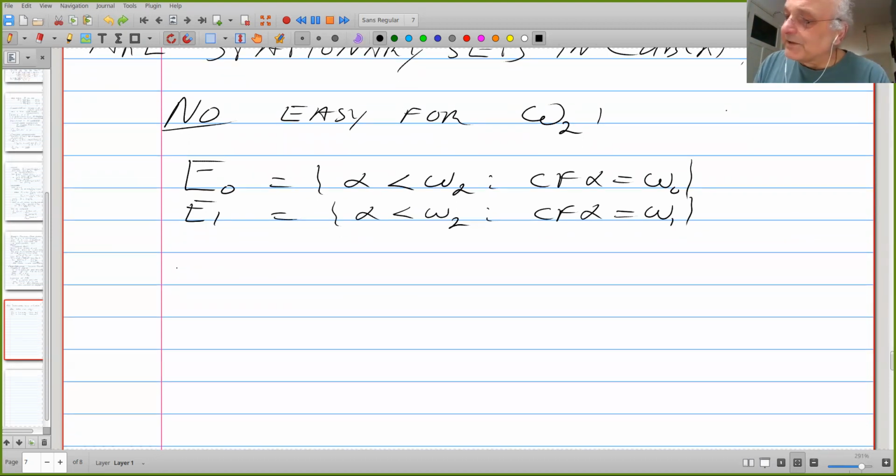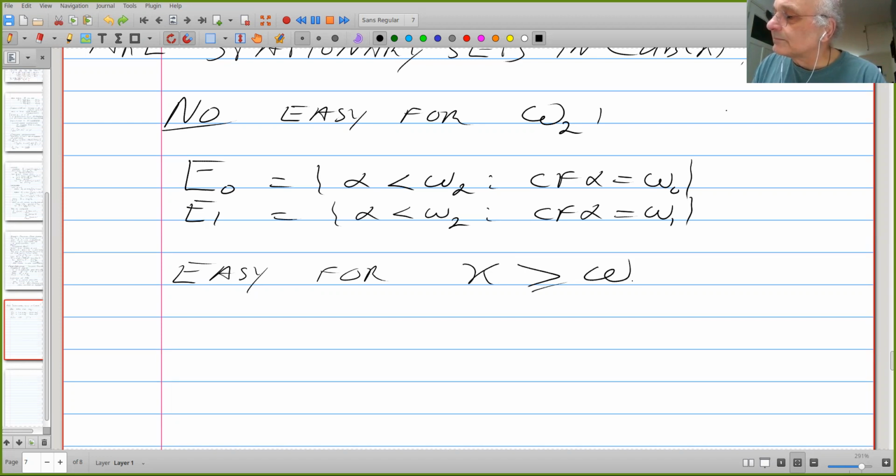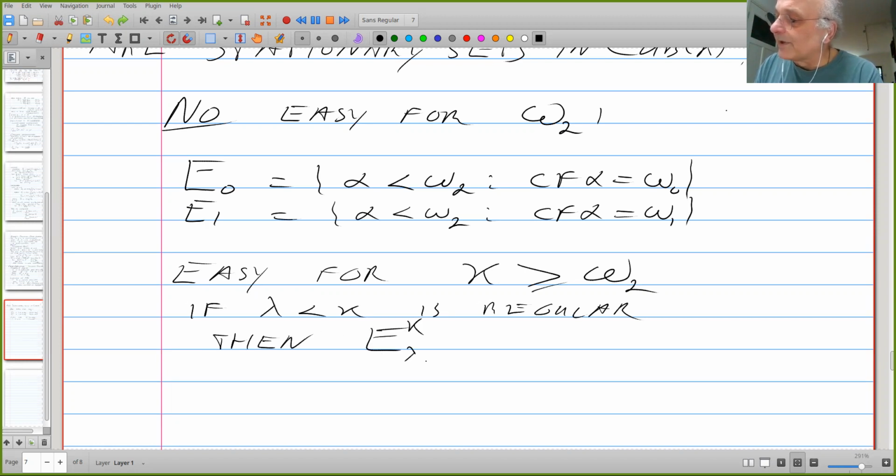Actually, this is easy. For all kappa bigger than or equal to omega 2, if lambda is smaller than kappa and regular, then E kappa lambda, the set of all alphas less than kappa whose cofinality is lambda, is stationary.